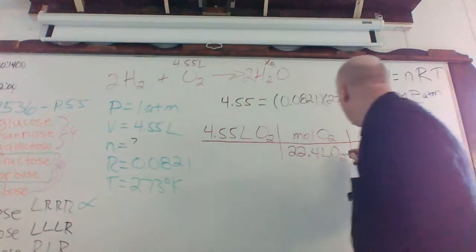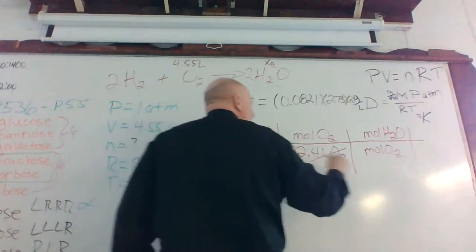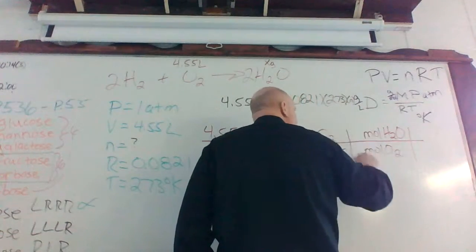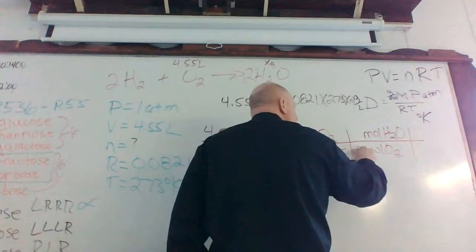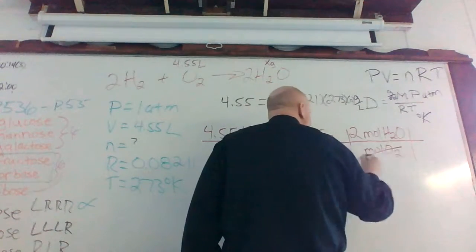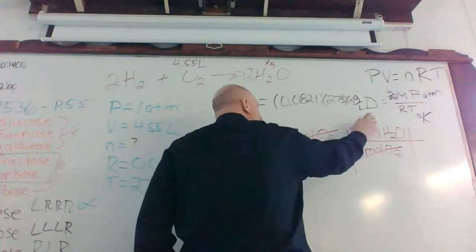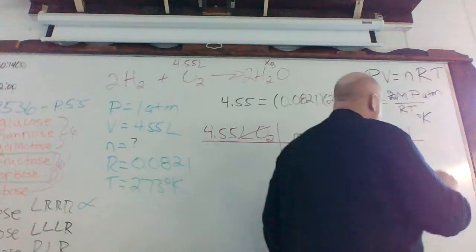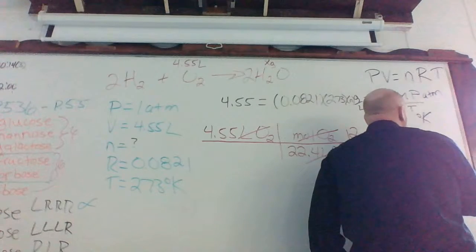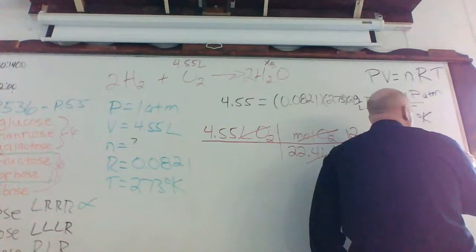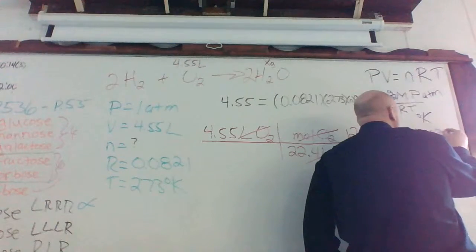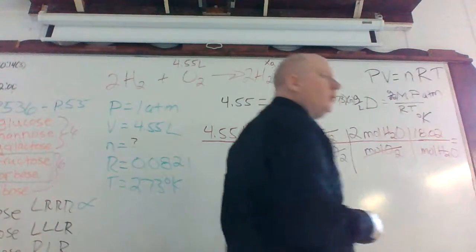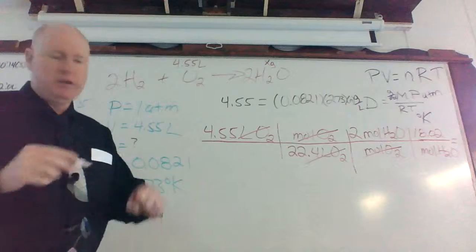Okay, so these liters are gone. These moles are gone, but don't forget, what do we got to look back at in this problem? The coefficients. Now these moles are gone. Now we're in moles of H2O. Now for every mole of H2O, how many grams do you get? What do you suppose you're going to get when you multiply all them out?